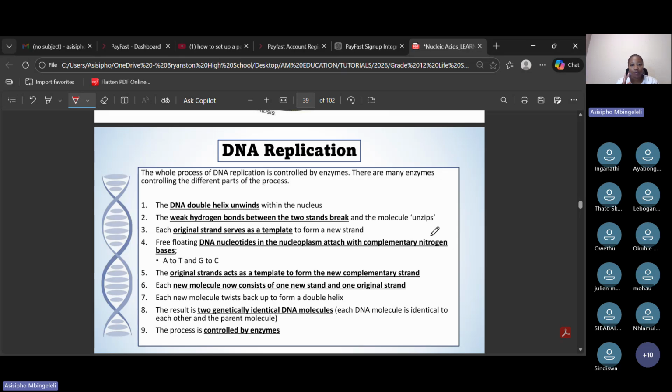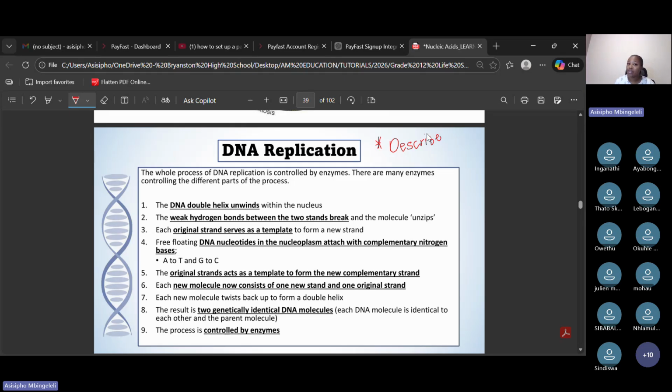This is very important. They will ask you to describe DNA replication. And I can assure you, when you are asked to describe DNA replication, they need you to mention these points that I have on the slides.